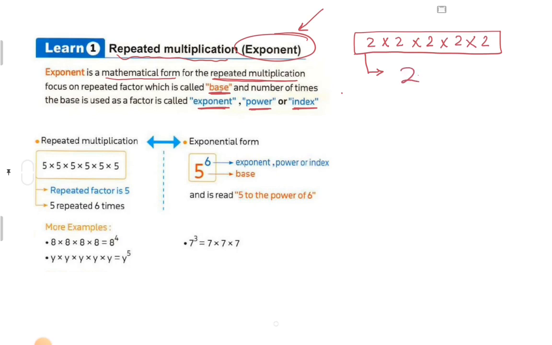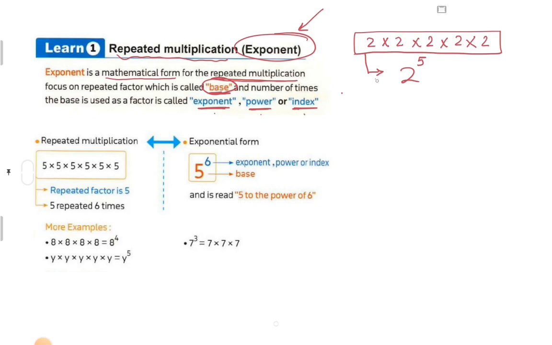It's 2. 2 is called the base. And how many 2s are there? 1, 2, 3, 4, 5. We put 5 up to the right of 2, and we call 5 the exponent, or power, or index. Now I have converted the repeated multiplication to exponent form.